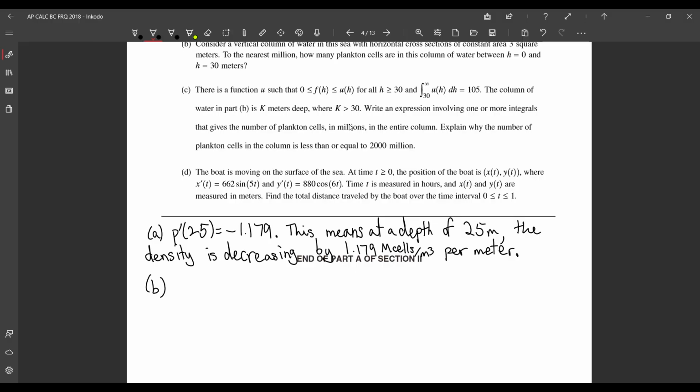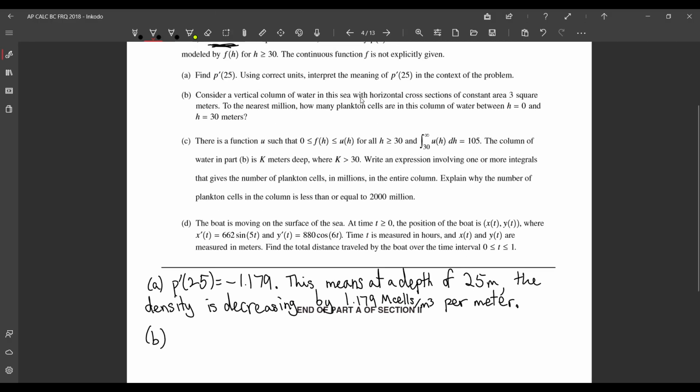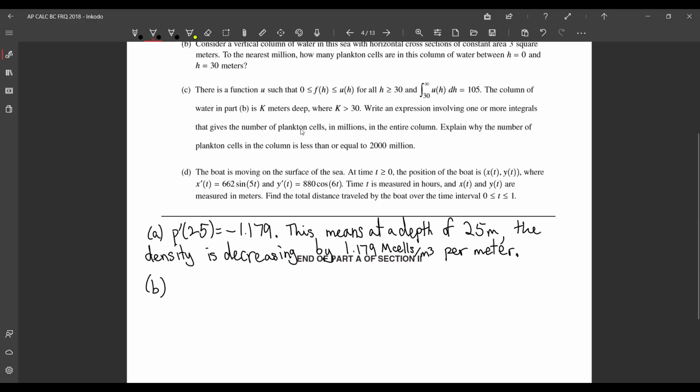Now we consider a vertical column with horizontal cross sections of constant area 3 square meters. To the nearest million, how many plankton cells are in this column of water? Okay, so let's think.